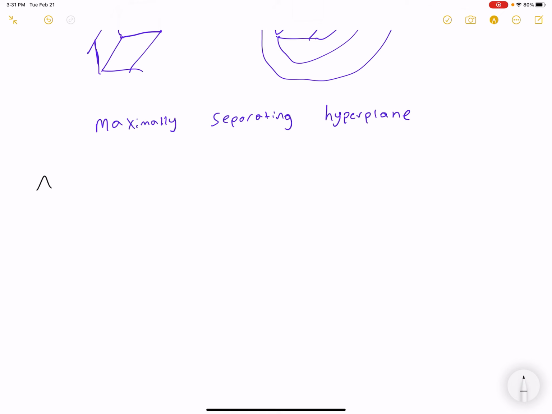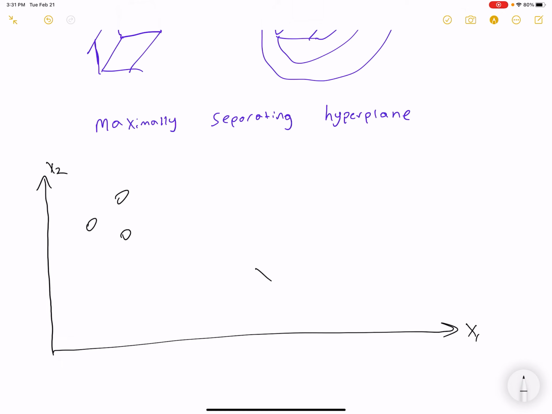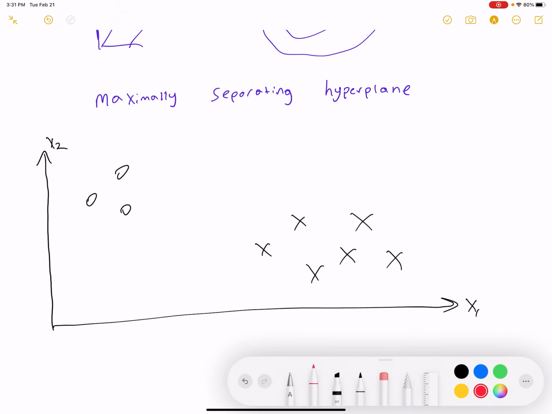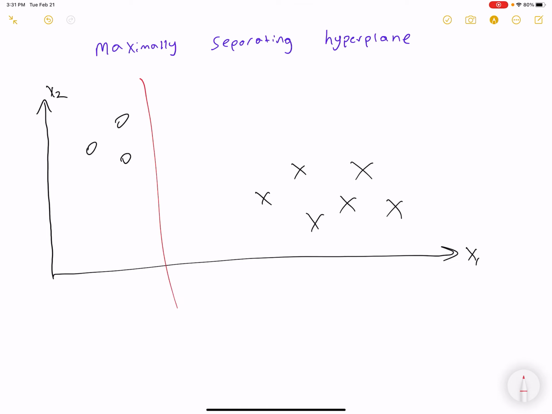So in 2 dimensions, we want to find specifically the maximally separating hyperplane. So we might have this hyperplane, which separates data, but not maximally.